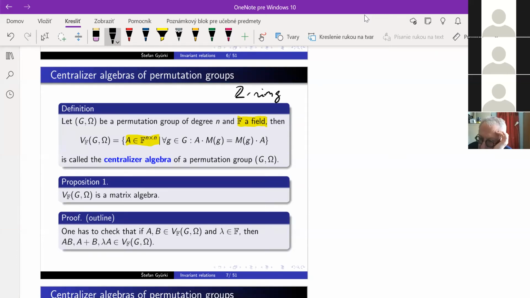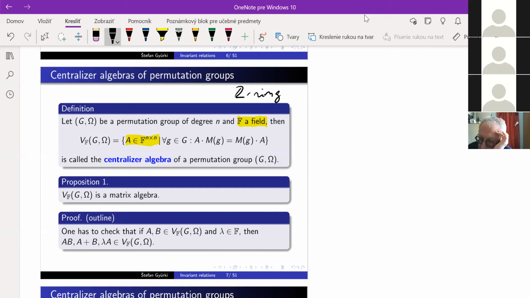So there is really no restriction that F should be a field, but I think it is natural to consider a matrix over a field.